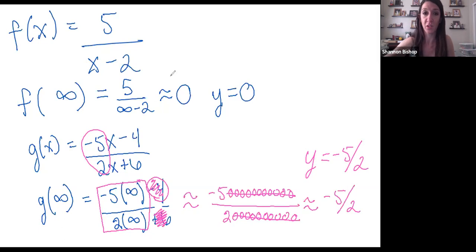Now on this first one, let me get a different color. On this first one, you're like, well, what were the coefficients on this one? Down here, there was just an x. So what's that coefficient? Good question. That coefficient is pretty much just 1. If it just says x, then that's like a 1x. And then up here for the 5, you're like, what's the coefficient up there? Well, guys, there is no x up here. It's just a 5.